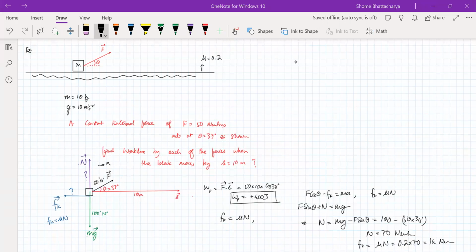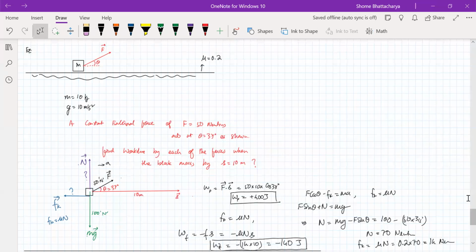So work done by friction will be minus of friction into S. So minus mu n into S. So that will be minus of 14 into 10 and not minus 200, because that is the thing you have to be careful about in questions like this. And don't forget your basics from Newton's laws, that if the force is acting at an angle, it affects the normal reaction. So it affects the friction.